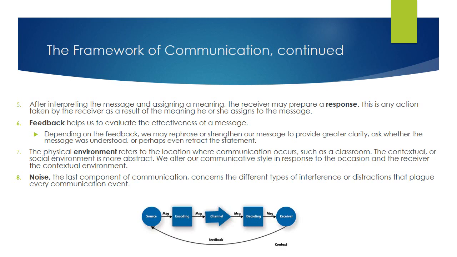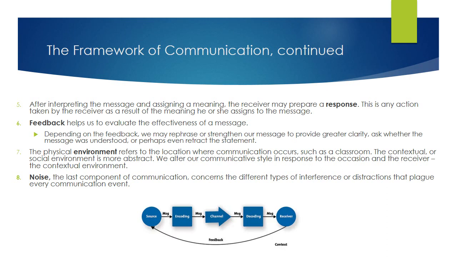The important thing here is feedback, which helps us evaluate the effectiveness of a message. Depending on the feedback, we may rephrase or strengthen our message to provide greater clarity, ask whether the message was understood, or perhaps even retract the statement. The physical environment refers to the location where communication occurs, such as a classroom.